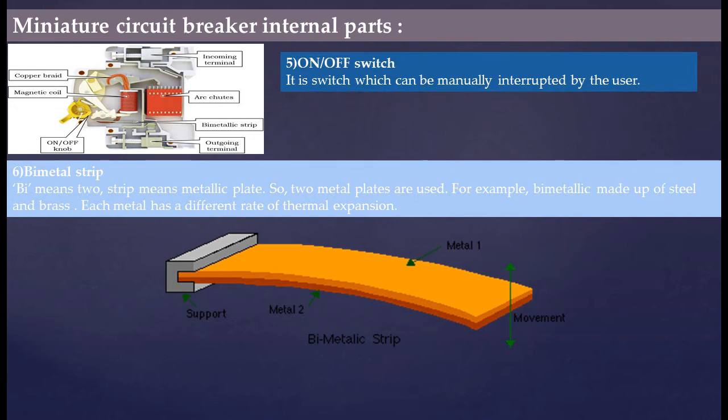Each metal has a different rate of thermal expansion. This concept of different rate of expansion can be beneficial for mechanical change. If we heat up the bimetallic strip, it will bend up or down depending upon the two metal strips and the way these have been joined.